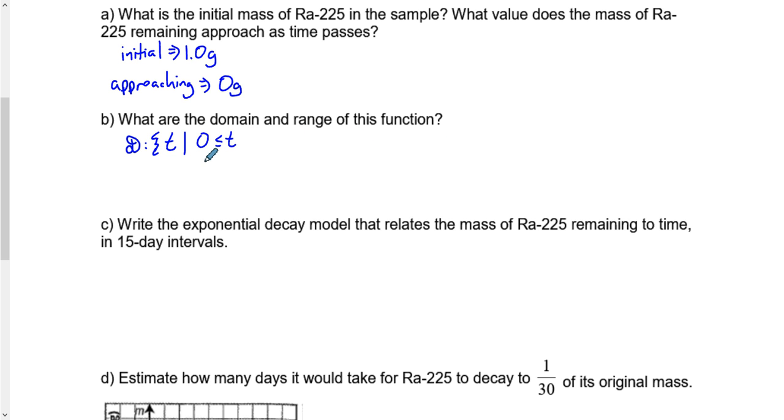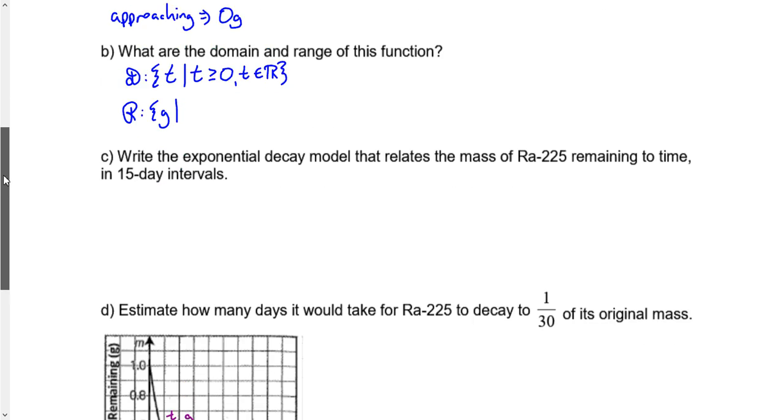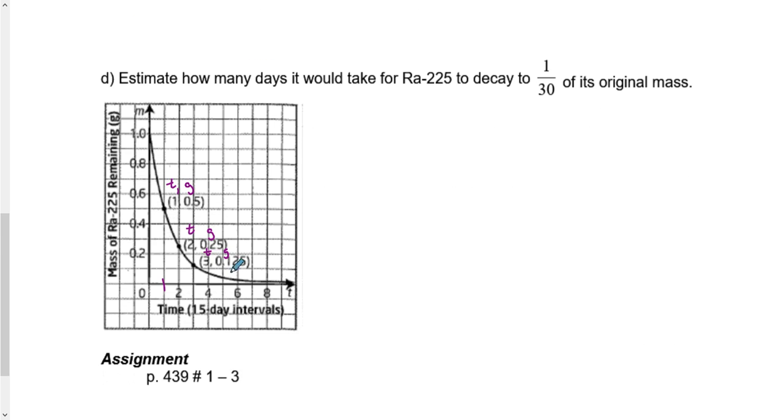Now, traditionally, I'm not going to write it like that because that looks kind of really bad for me. The time is always going to be greater than or equal to 0. Yes, time is still an element of the real numbers, but just meaning that time starts at 0 and goes on. Whereas our range is talking about grams. So what grams is it talking about?